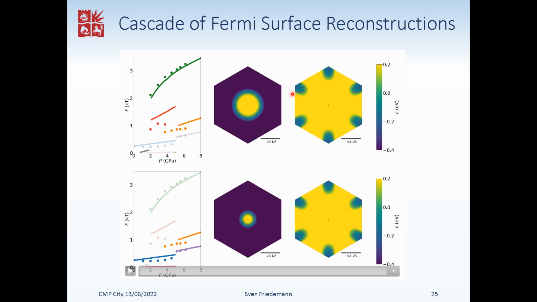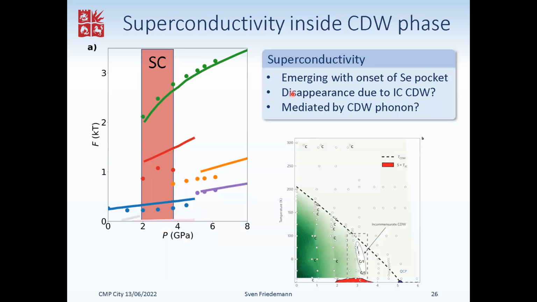It's at a higher pressure, and on top of that, the incommensuration is only in the C direction. It remains commensurate in the plane. Our model is in fact two-dimensional, which captures all the orbits and Fermi surfaces that we observe.